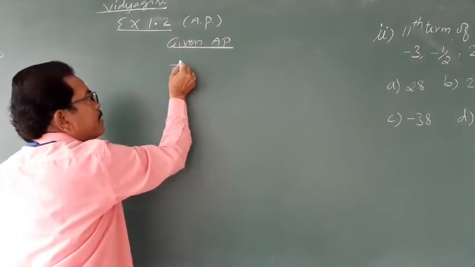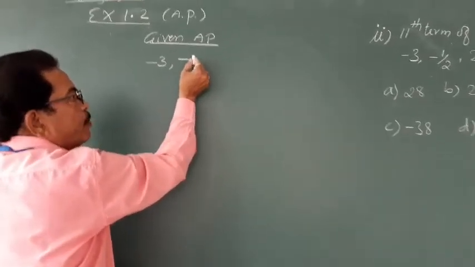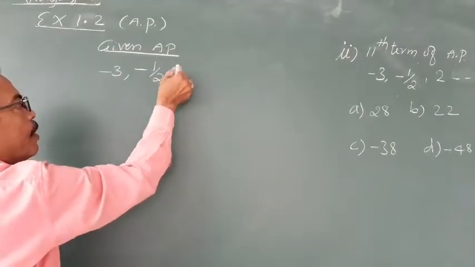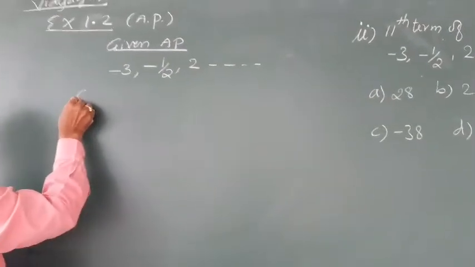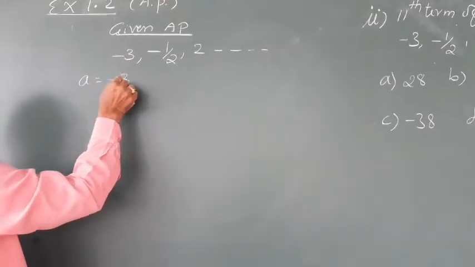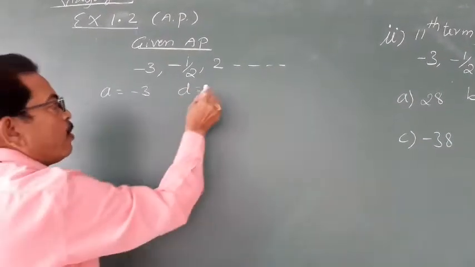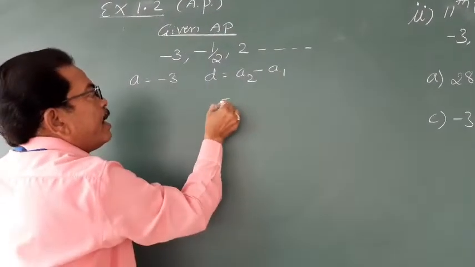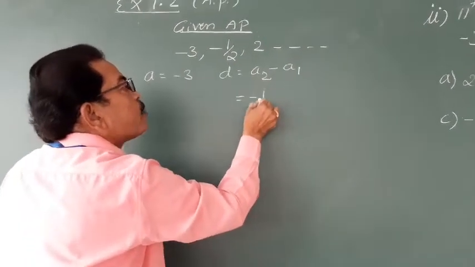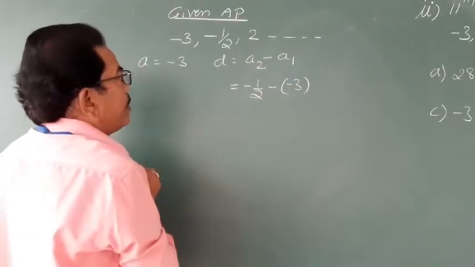That is minus 3, minus 1 by 2, 2, and so on. The first term is a equals minus 3. Common difference we have to find, d equals a2 minus a1. a2 is minus 1 by 2, minus of minus 3.